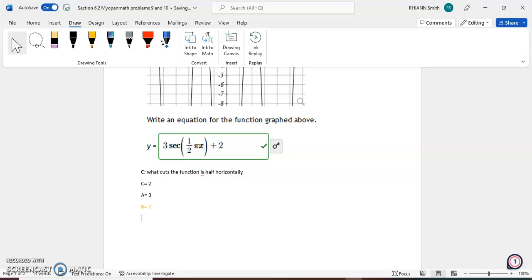And we already know the formula for period is 2 pi divided by b.